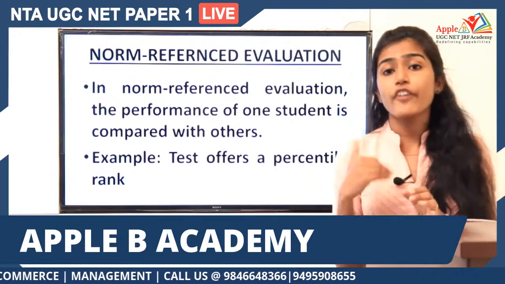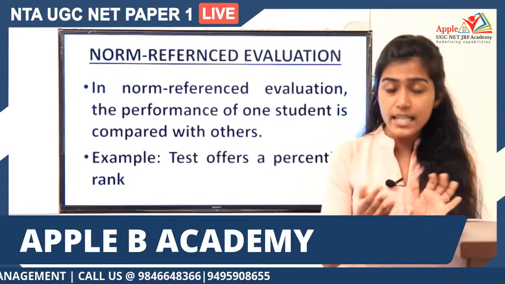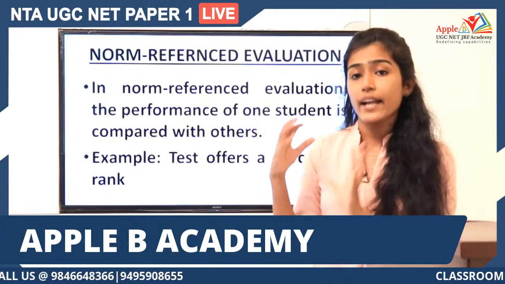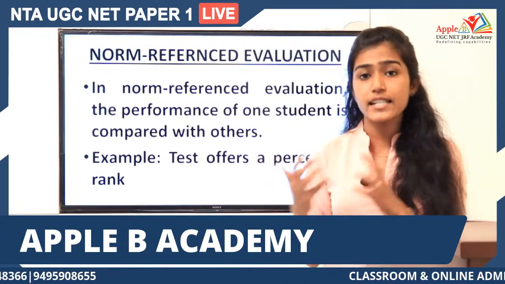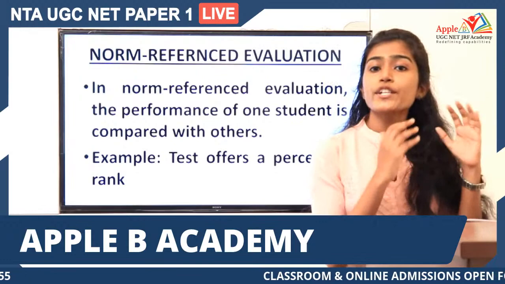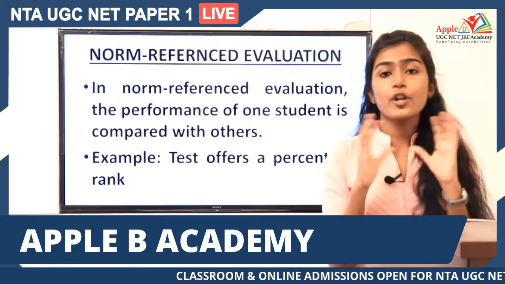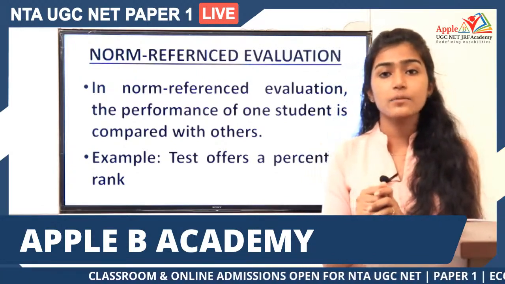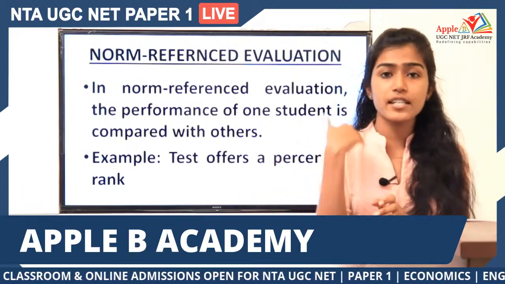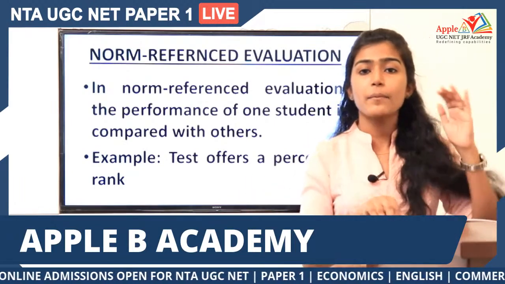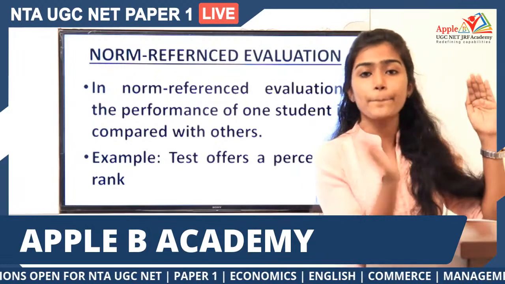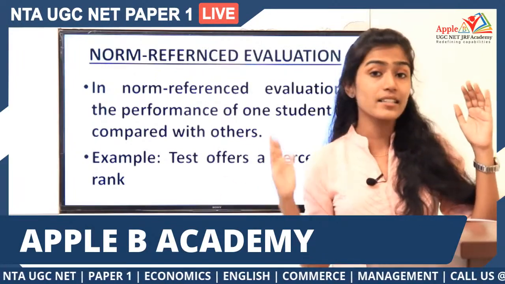So if a test is offering a percentile rank, which means the entire students who are writing the exam or the entire result is based on the person who is scoring the highest mark. നമ്മളൊരു പെർസെന്റൈൽ റാങ്കിങ് ഒരു ടെസ്റ്റിൽ എടുക്കാന്ന് പറഞ്ഞാൽ അതിനകത്ത് എക്സാം എഴുതിയിരിക്കുന്ന റിസൾട്ട് വന്നിരിക്കുന്ന എല്ലാ കുട്ടികളെയും നമ്മൾ അതിനകത്തെ ടോപ്പ് സ്കോററുമായിട്ട് കമ്പയർ ചെയ്തിട്ടാണ് അവരുടെ സ്ഥാനങ്ങൾ നിശ്ചയിക്കുന്നത്.